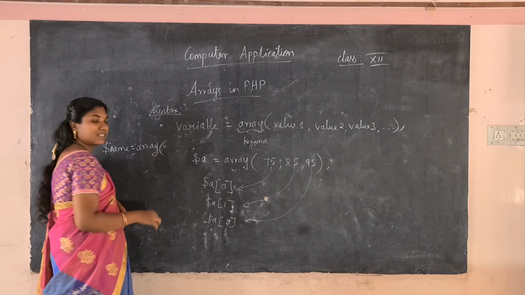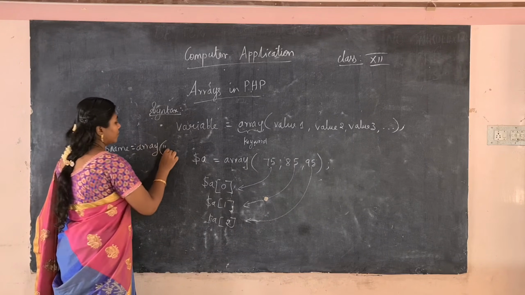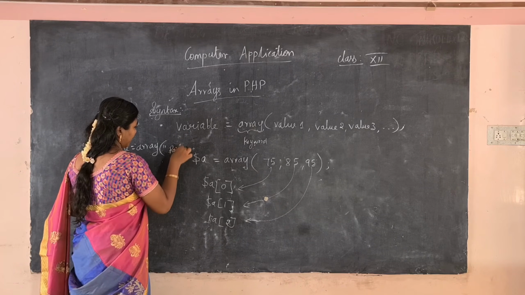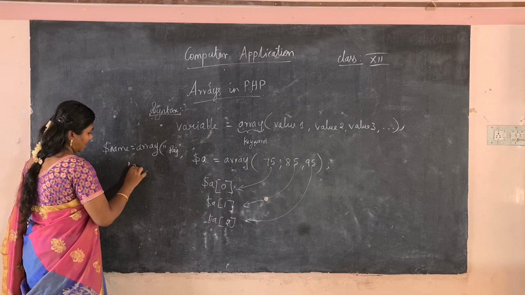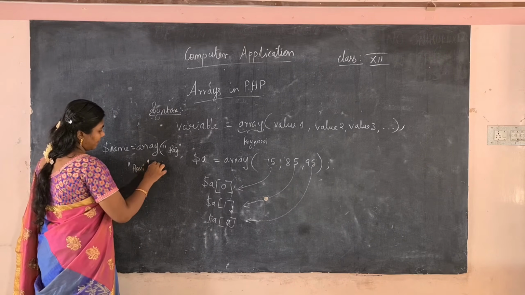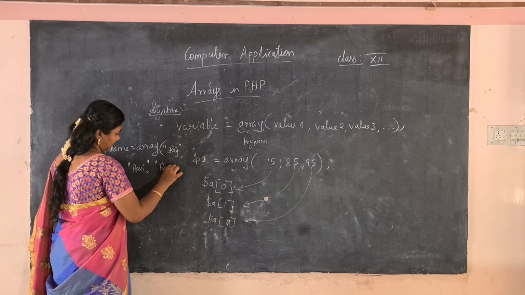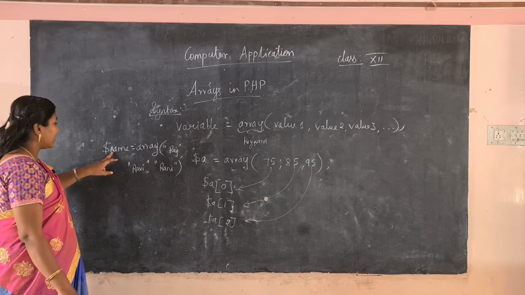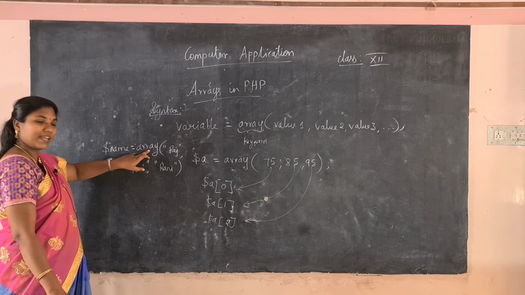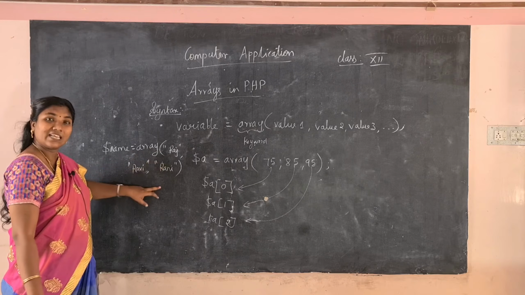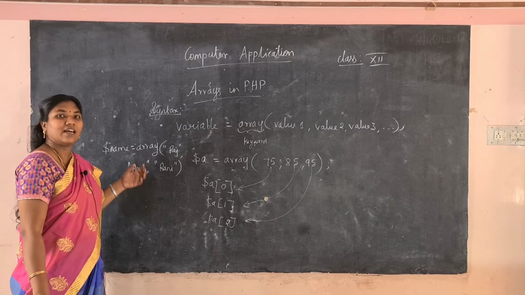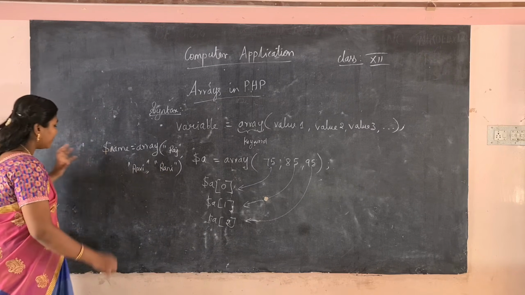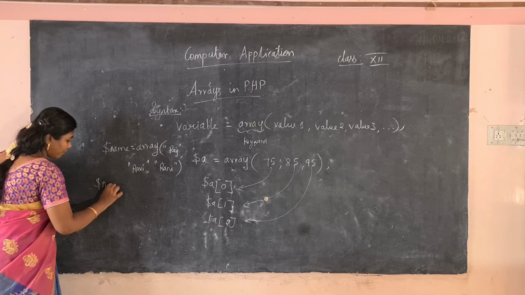Strings must be given within double quotes. I have given 3 values: Raj, Ravi and Rani. Dollar name is equal to array, array is the keyword. Now what will be in the place of name of 2?